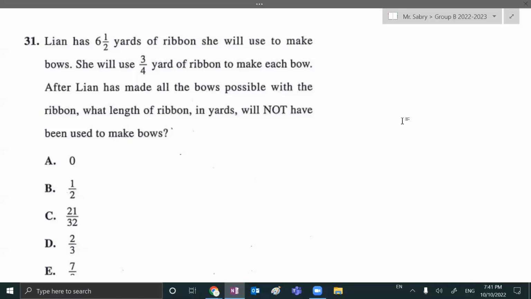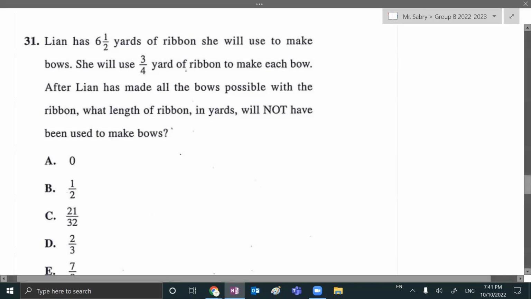It says Leon has 6.5 yards of ribbon she'll use to make bows. She'll use 3/4 yards of ribbon to make each bow. After Leon has made all the bows possible with the ribbon, what length of ribbon in yards will not have been used to make the bows?